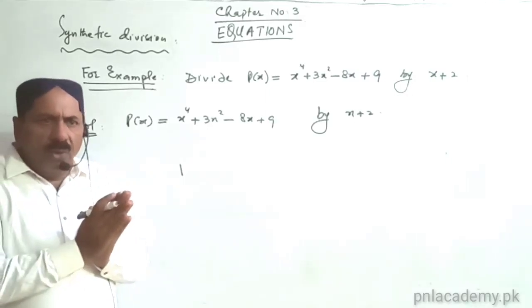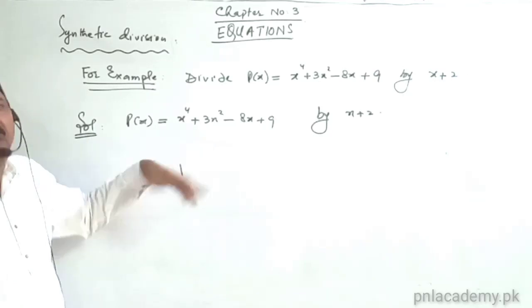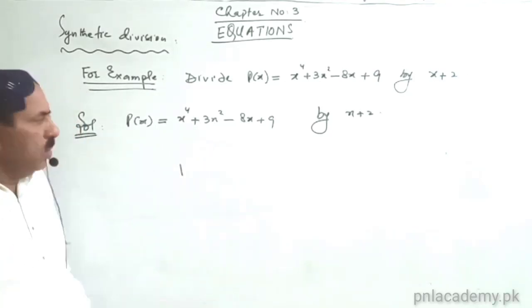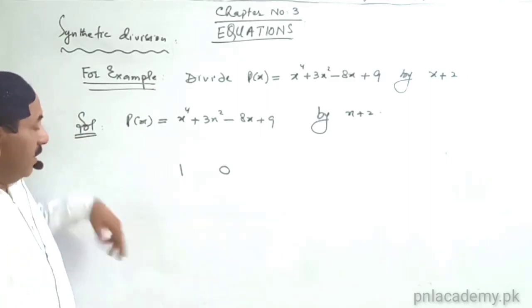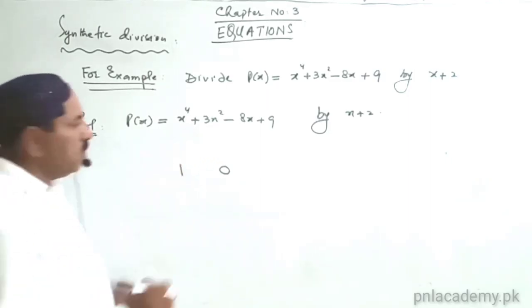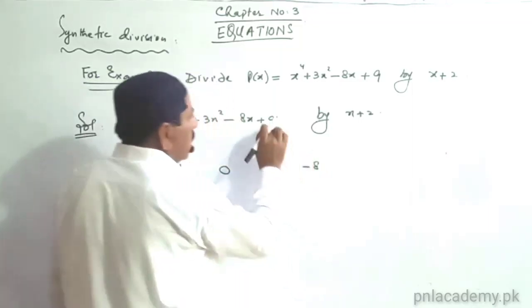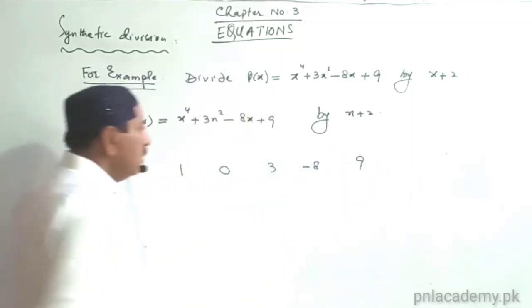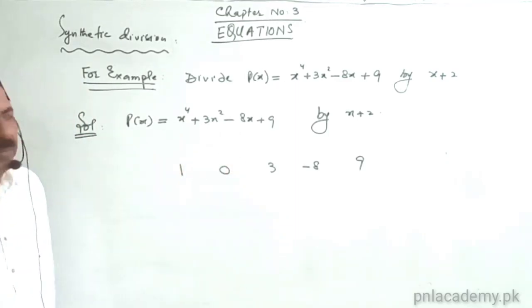After x power 4, there is a term of x cube. There isn't any x cube, so its coefficient is 0. Then x square, which is 3. Then x, minus 8. Then constant term 9.